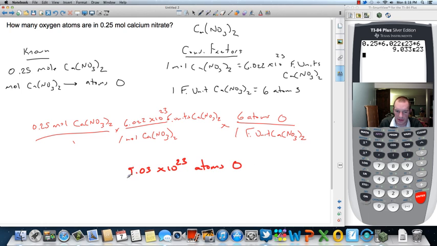Okay, that tells us it's a little bit more than a mole of oxygen, because 1 mole of oxygen atoms would be 6.022 times 10 to the 23rd. So keep that in mind.